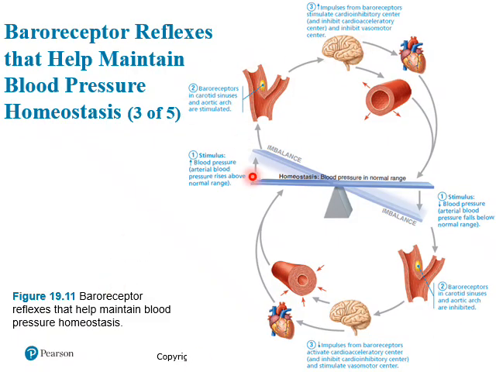On its side here where the blood pressure is going up, the impulses from these baroreceptors will stimulate the cardioinhibitory center and inhibit the cardioacceleratory center and inhibit the vasomotor center. That will cause, eventually the result will be vasodilation. You can see this blood vessel dilating.